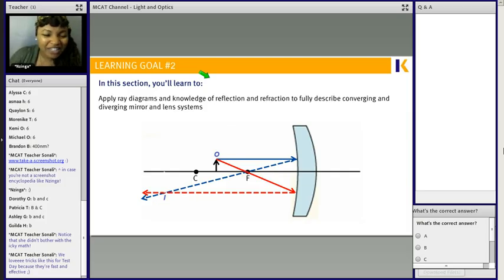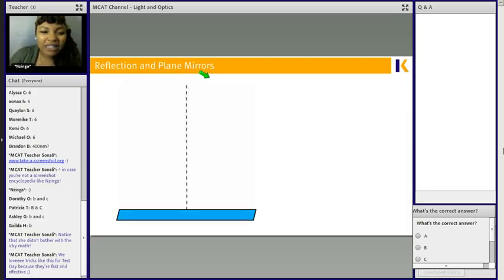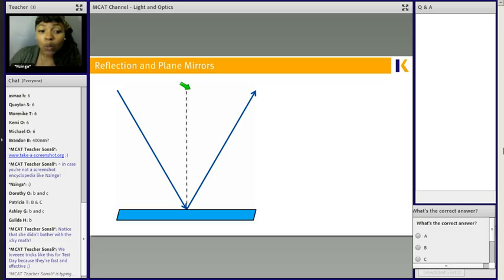Okay, so if we think about this, we want to think about what all of this is going to mean. But before we get into greater detail, here we have an approaching light ray. Let's say that we have some total reflection. So we know that the angle of incidence, and keep in mind that the angle of incidence is always going to be relative to the perpendicular to the object that the light is going to be entering.